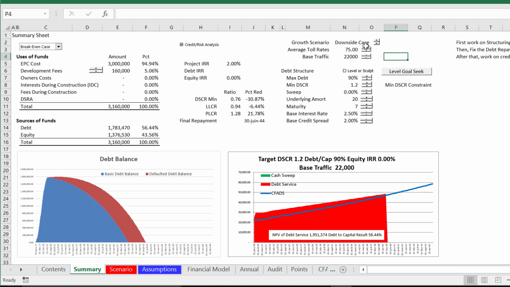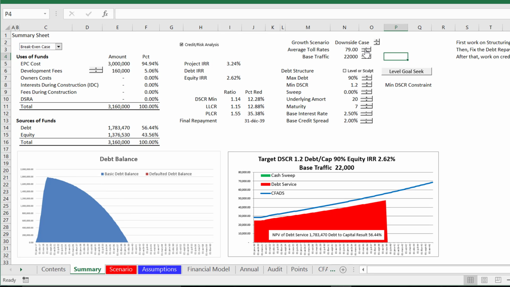Oops. Let's push it up here. Let's leave this, and we'll push the traffic down, the price down rather, and we'll refinance right in year 7, and then we can push our model down, and we'll have a default, and we'll see how long it takes for the debt to default.